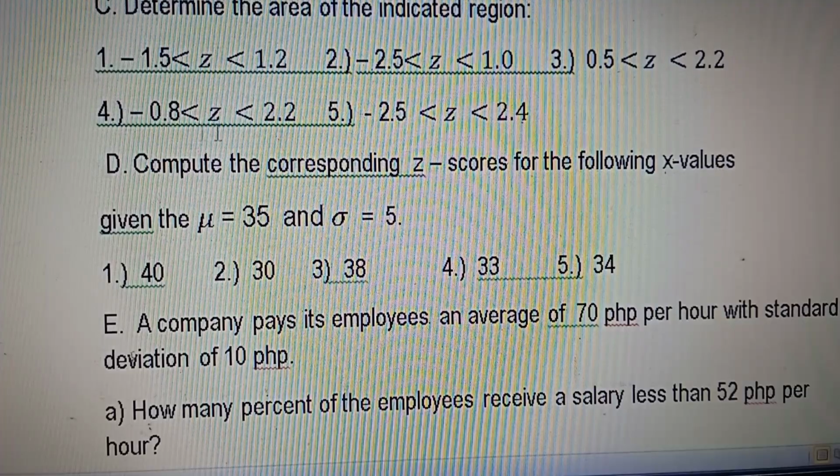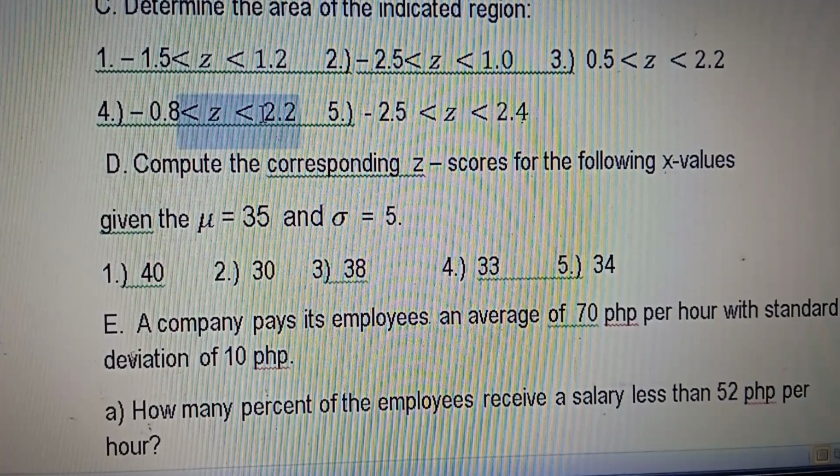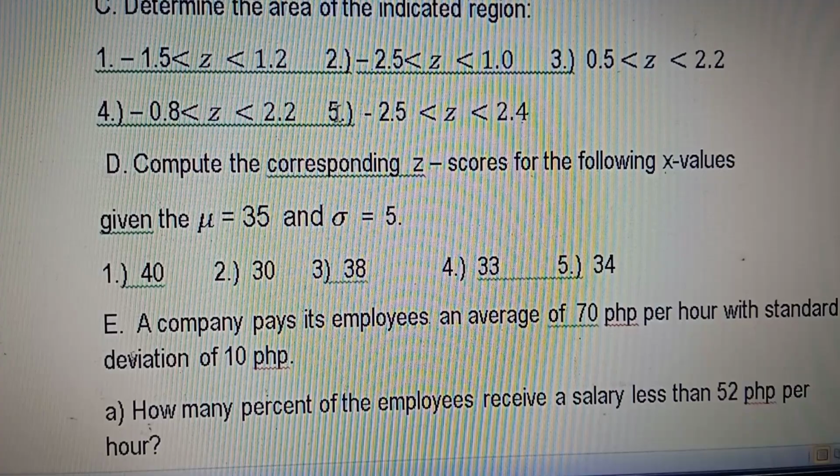Number 4, Z is greater than negative 0.8 and Z is less than 2.2. Number 5, Z is greater than negative 2.5 and less than 2.4.